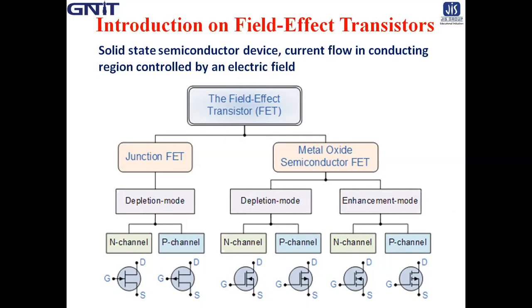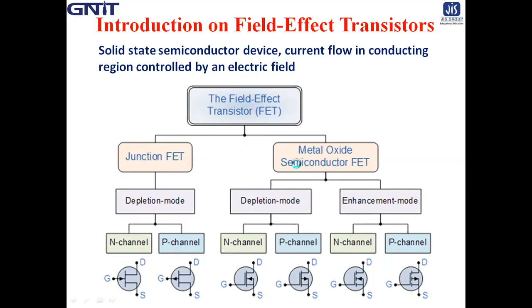Several members of the FET family are present. Mainly two types of FET are present. One is junction field effect transistor and the other is metal oxide semiconductor field effect transistor. Junction field effect transistors are mainly N channel and P channel, and behave like a depletion mode.